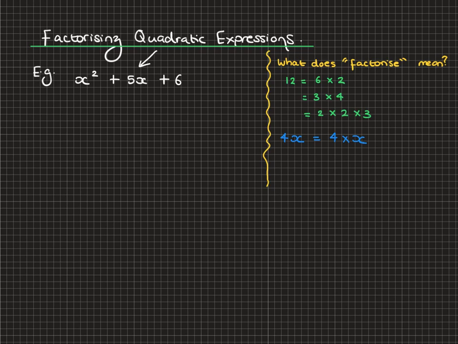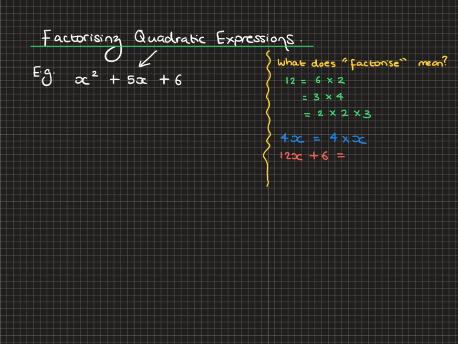If I ask you to factorize for me 12x plus 6, I know a lot of people will think that means put the brackets in, but not really. It means find the factors of 12x plus 6. It means split 12x plus 6 into a product of its factors.